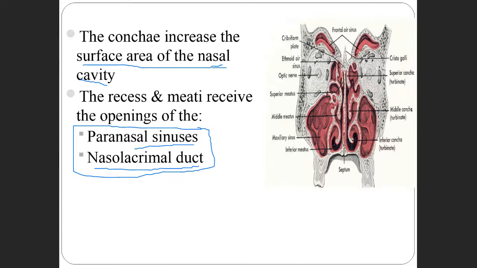Where is it present? No, no, not in the nasal cavity.